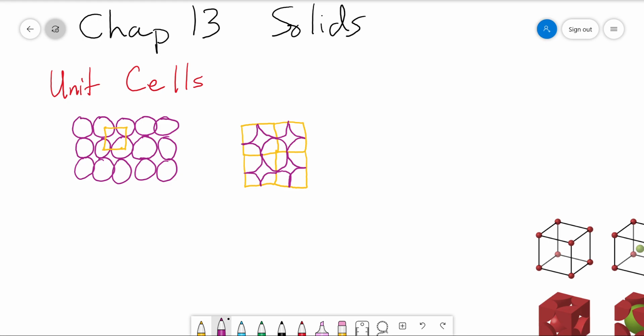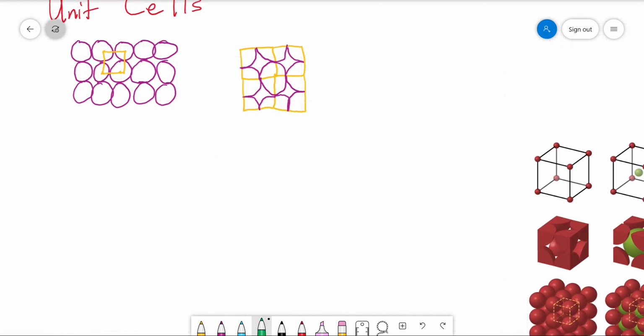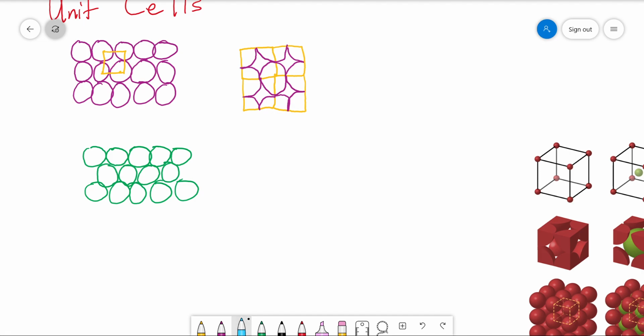It's the smallest unit that we can draw, repeat over and over and over again, and recreate the crystal. Now, like I said, that is not the most efficient way we can pack those pennies, okay? Because what we can do, I'm sure you can all figure this out, is here if we have a row of pennies, we can also stack the pennies like this. And that will give us a slightly different unit cell. And so every type of crystalline solid has a different unit cell.